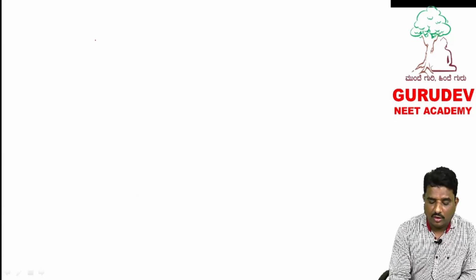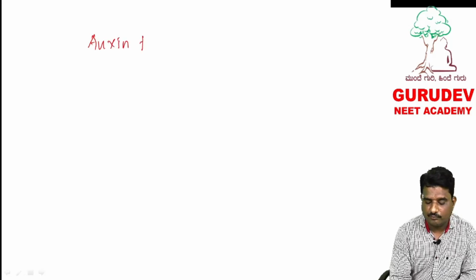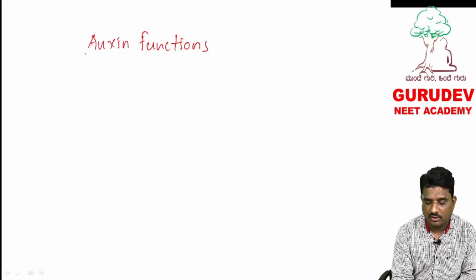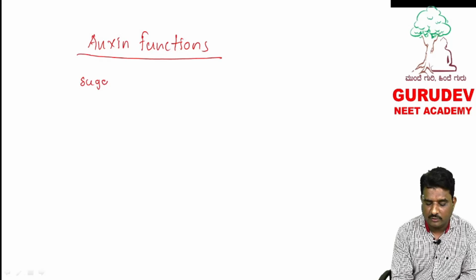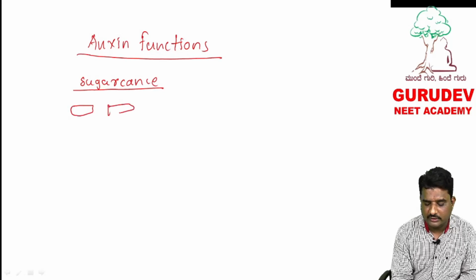Concentrate here: rooting, an auxin function or physiological role in plants. Suppose we have taken sugar cane. We have taken sugar cane stem cuts like this.